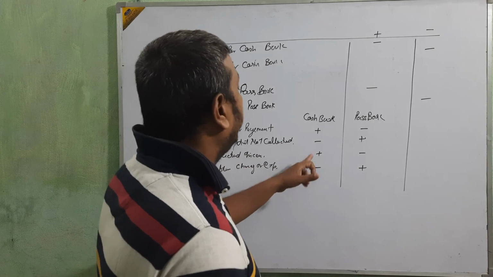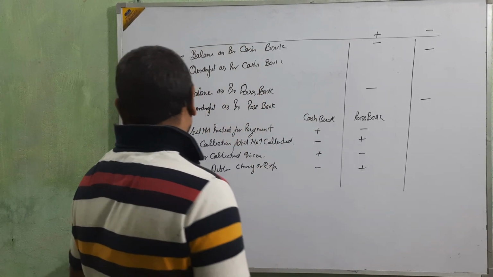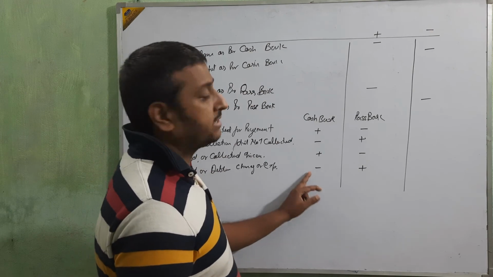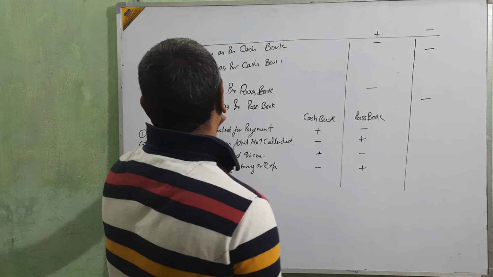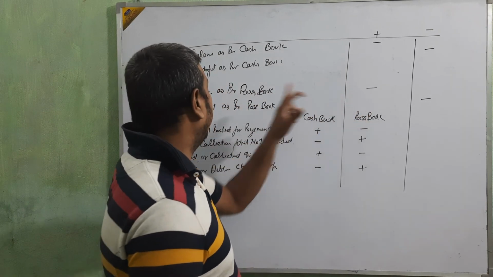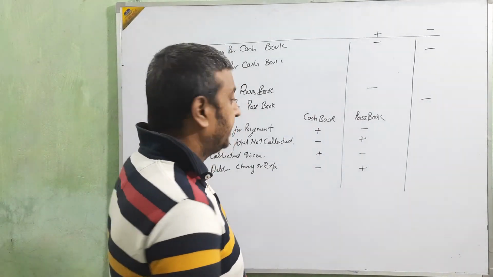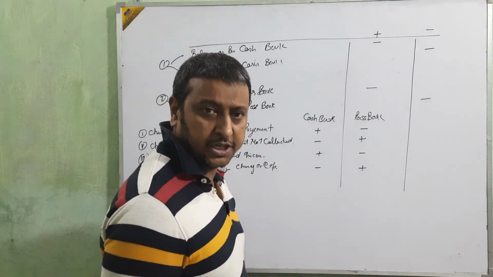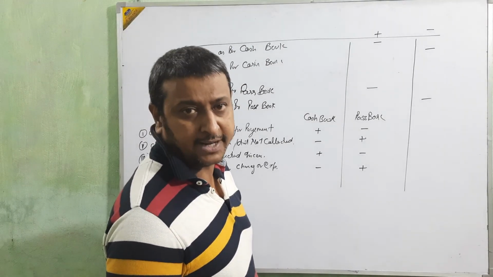Anything credited by the bank or income received by the bank, add in the case of cash book. Bank payment or any charge debited, less from cash book. When we use the passbook, we use balance as per passbook on the plus side and overdraft as per passbook on the credit side, and then use these rules, just the opposite of these. Okay, beta, clear?